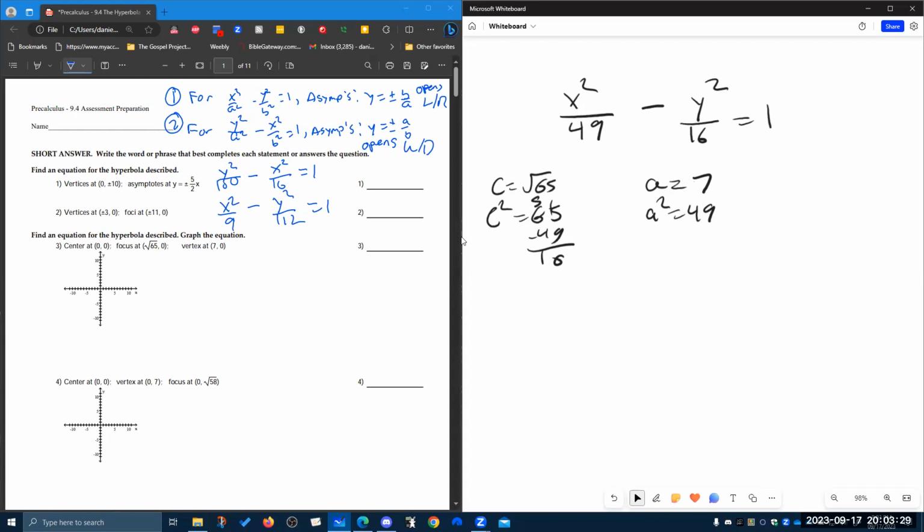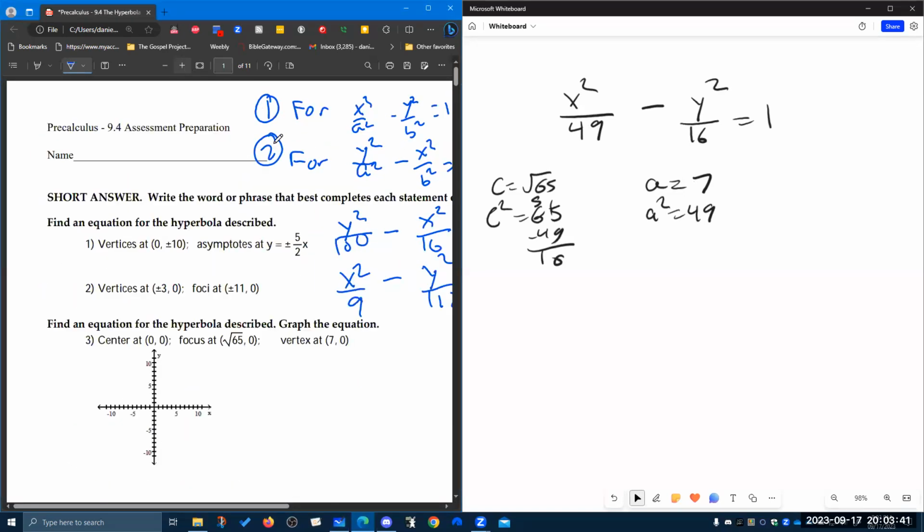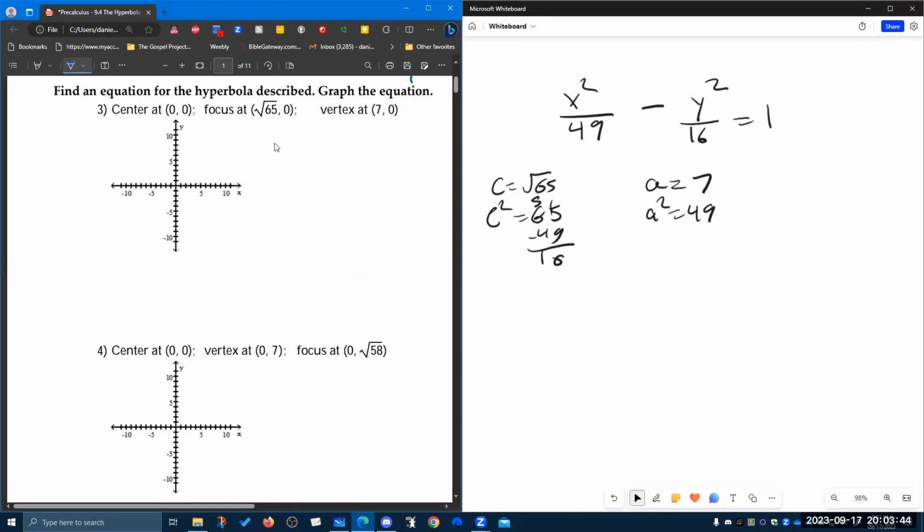And we're going to graph this, that we're at -7. Zoom in a little bit here. -7 and 7. And we go up to 4 here to get to this corner of our box, and down 4 there to get to the corner of the box, 4 and 4.